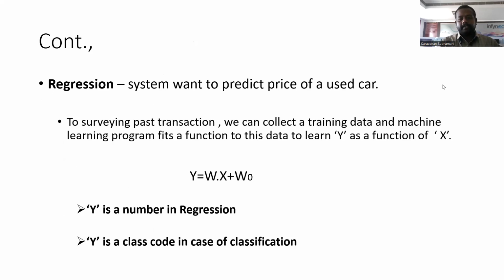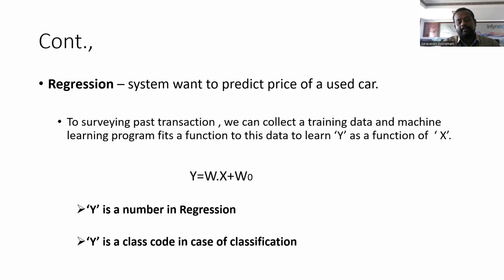According to the regression process, the system wants to predict the price of a used car. By surveying past transactions, we can collect the training data, and the machine learning program fits a function to this data to learn y as a function of x. That is, y is equal to wx plus w0. Here, y is a number in regression, and y is a class code in classification.